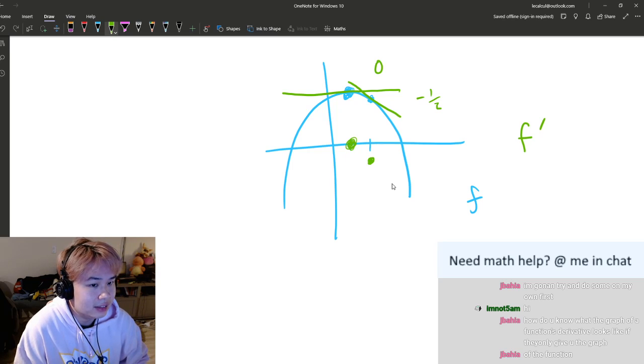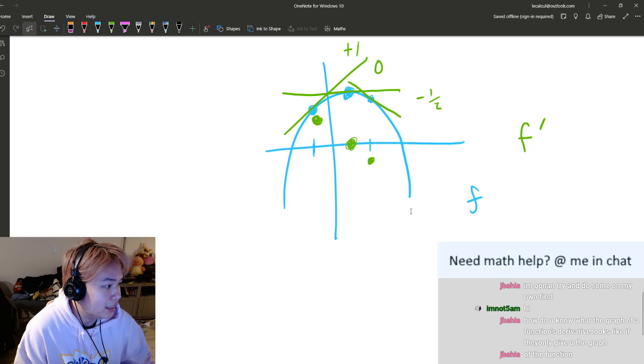And then, let's say you're over here. You have a coordinate on the actual graph. You can calculate the tangent slope there. Let's just say that that's +1. So that means that I can add a coordinate here. And then you just connect all your coordinates together.